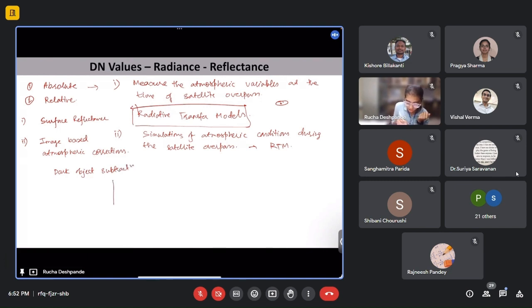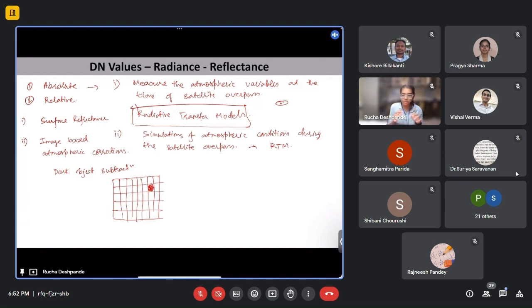So in an image, we have different pixels. For this method, we pick the pixel which is the darkest.